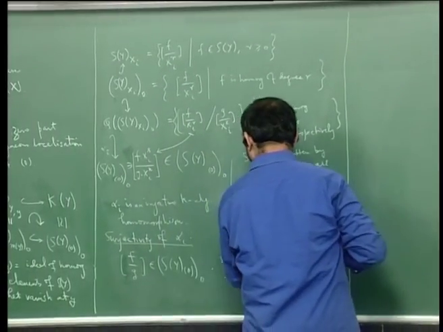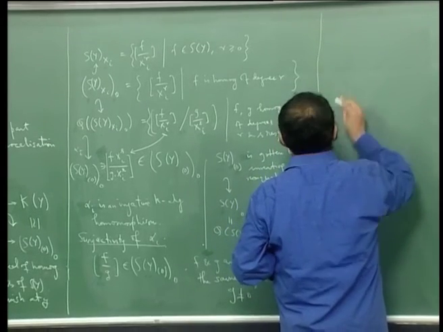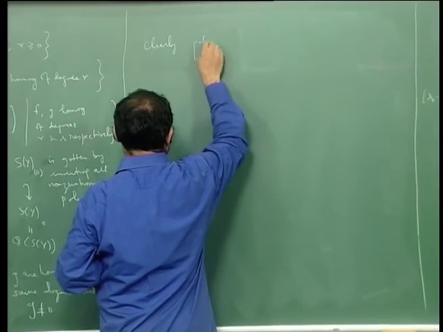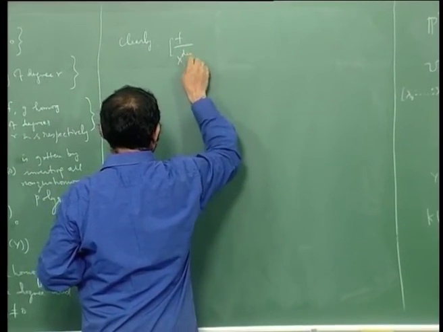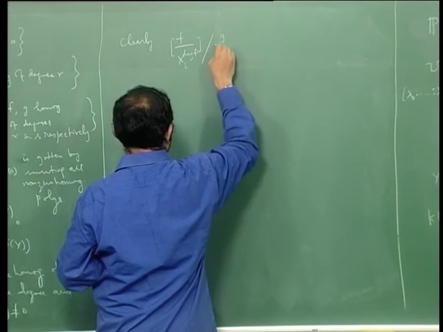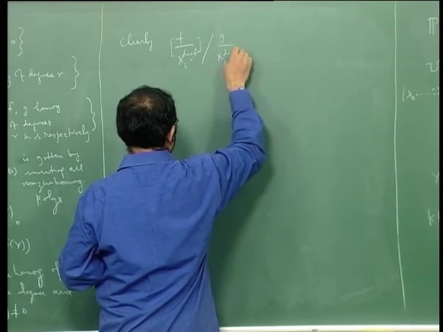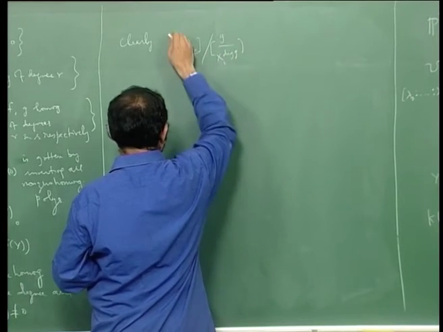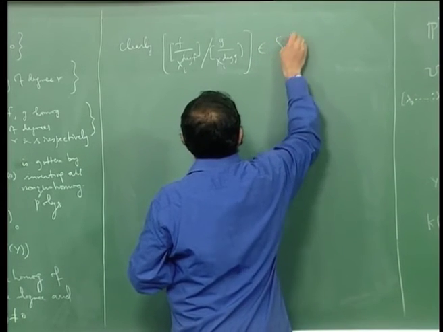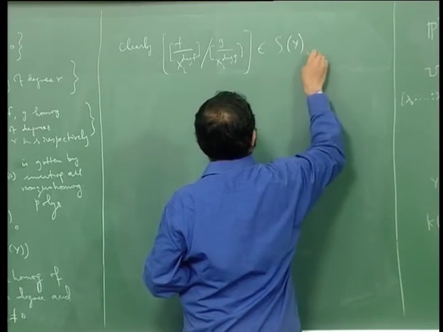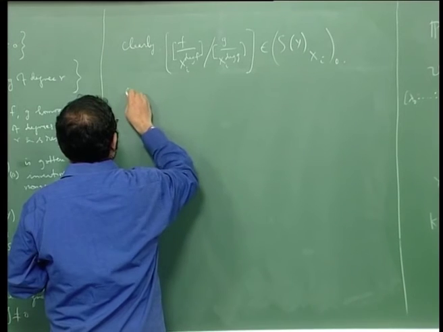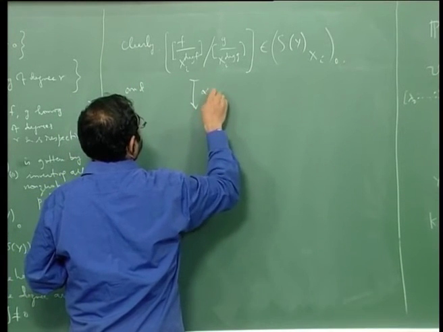So clearly this element, f by xi to the degree of f, divided by g by xi to the degree of g, is in S_Y localized at xi, degree 0, and its image under alpha I is f by g.